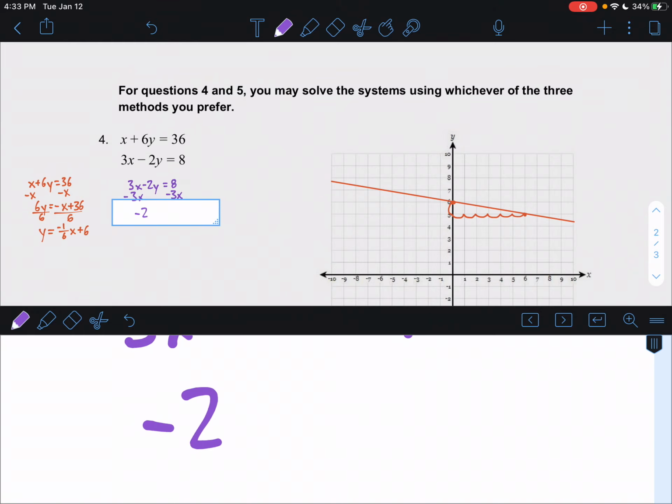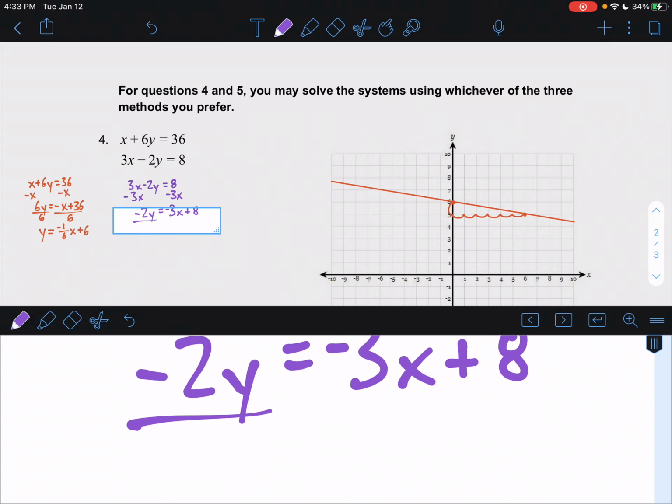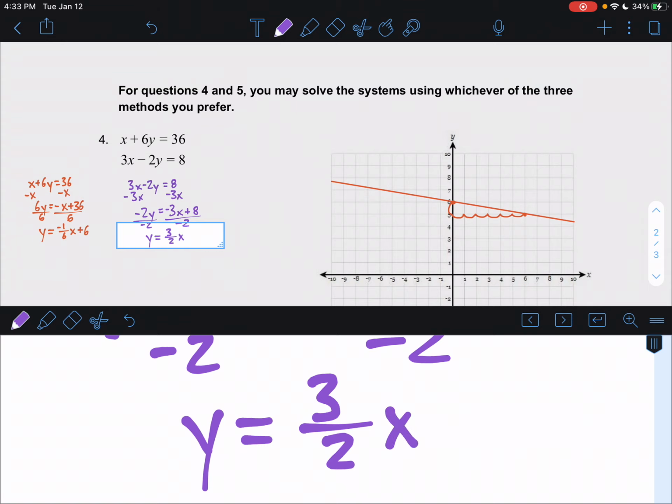So that's going to give me -2y equals -3x plus 8. I'll divide both sides by that -2. That's going to give me y equals -3 divided by -2 is just 3/2. It's positive 3 over 2. And then I have that x. And then 8 divided by -2 is -4. So y equals 3/2 x minus 4.